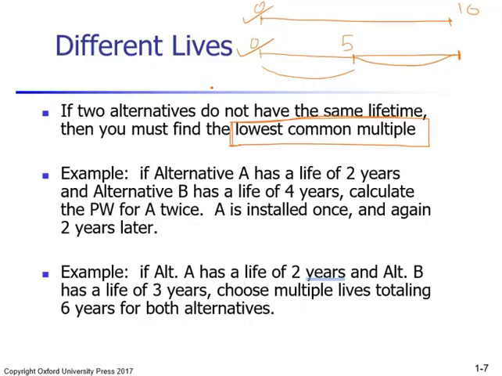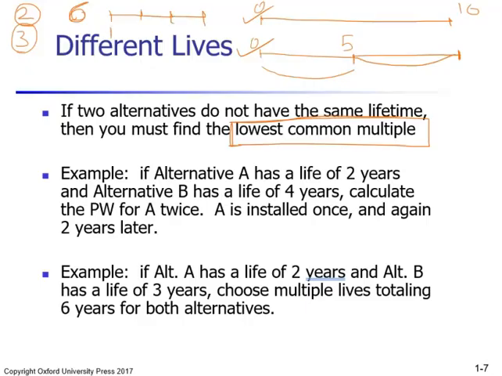If you have one machine for 2 years and another machine for 3 years, what would be the situation? You need to compare them over 6 years. So the first machine, you are going to handle it over 3 lives.